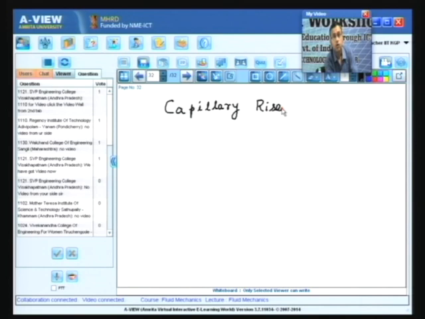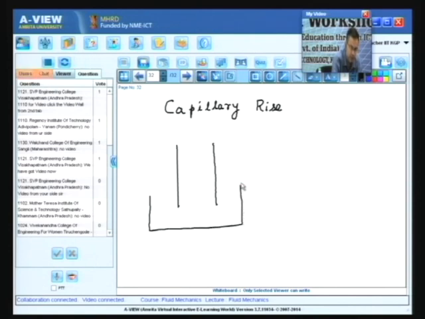So, let us say that we have a capillary tube. I am just drawing it thick, but it is not thick, it is thin, and it is immersed in a liquid bath. Now, when we say capillary rise, it is a misnomer because it can also be a capillary fall depending on something which is called the contact angle.